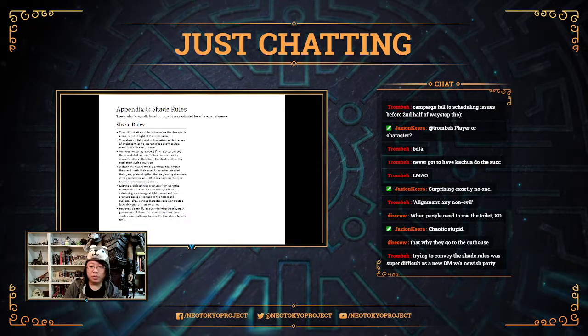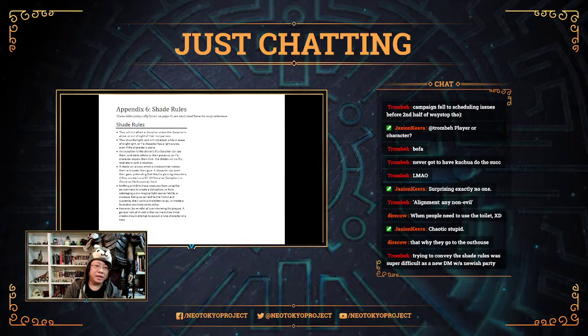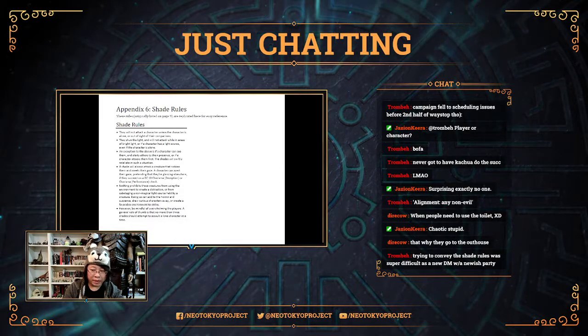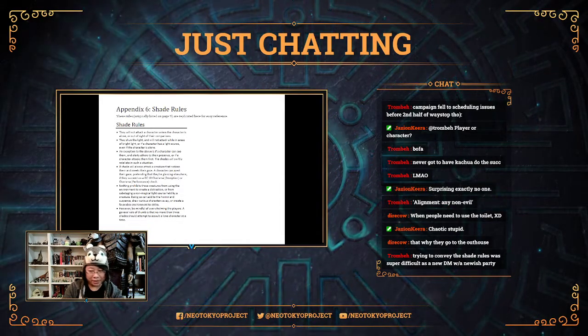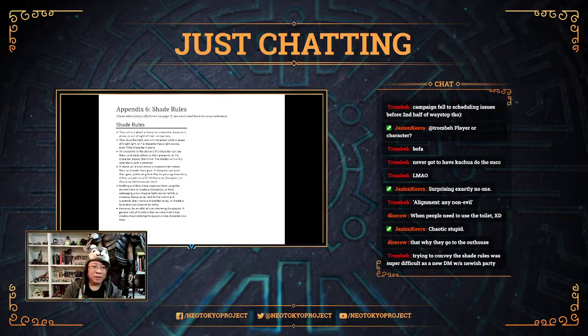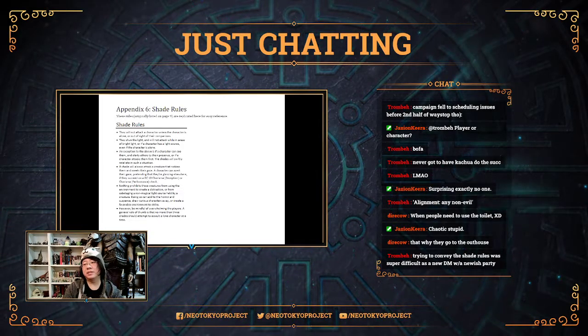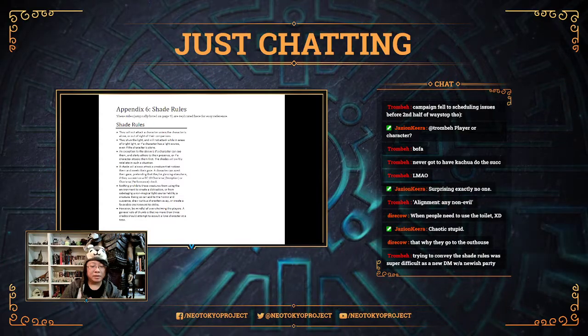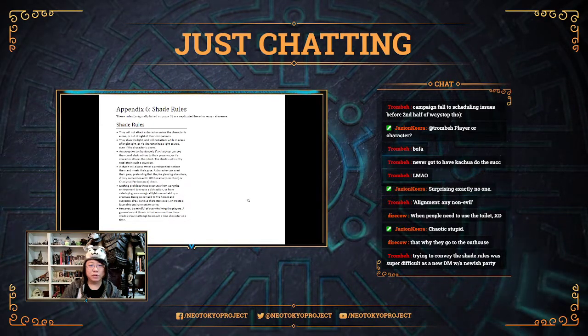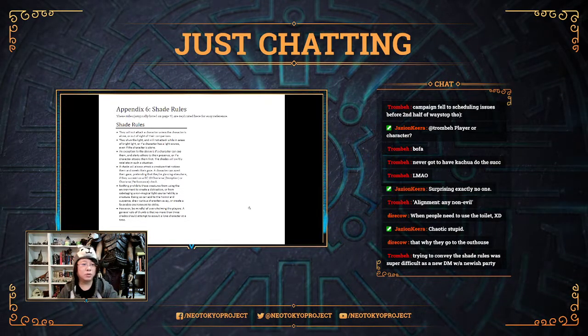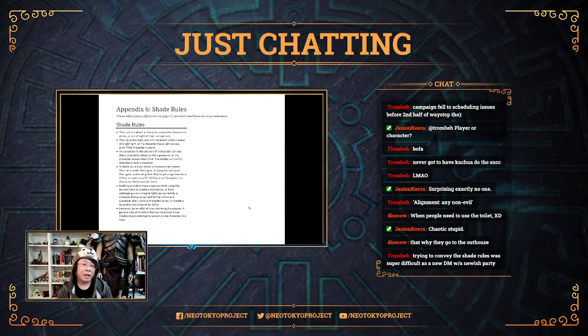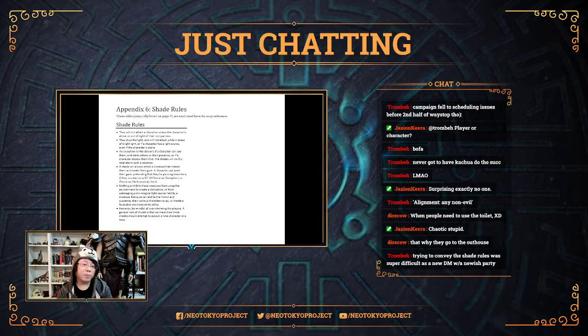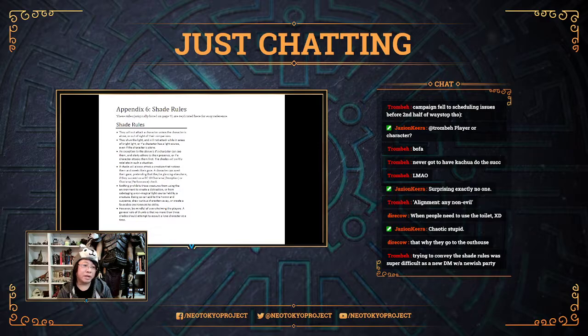And the shade rules were definitely something that the DM should know and the players should find out. So this is something that's not for the players' eyes most of the time. You want to keep the secrets of the shade rules close to your chest. And for the most part, the players should be able to infer this on their own.